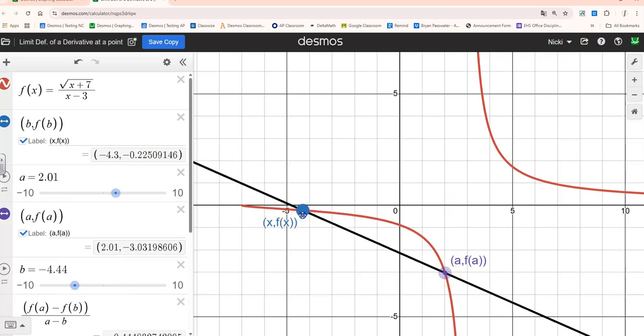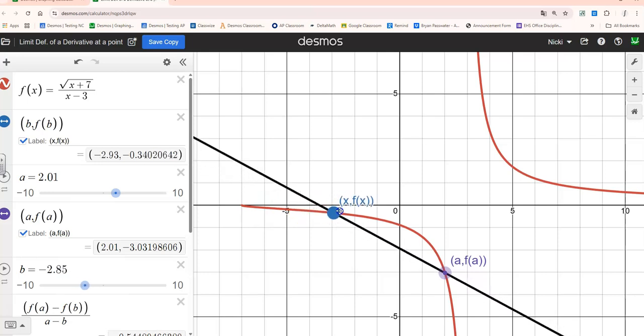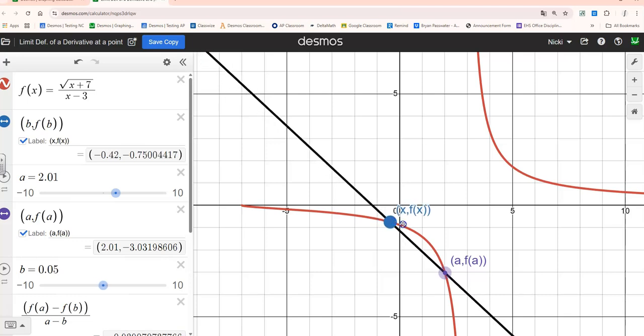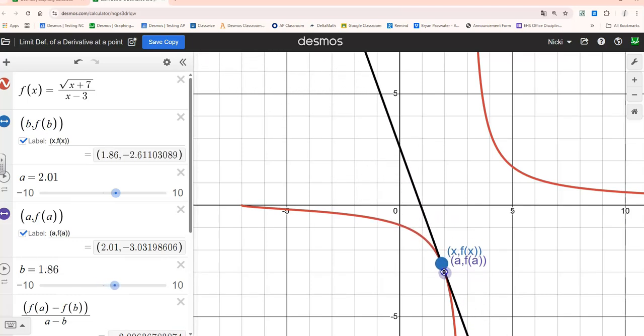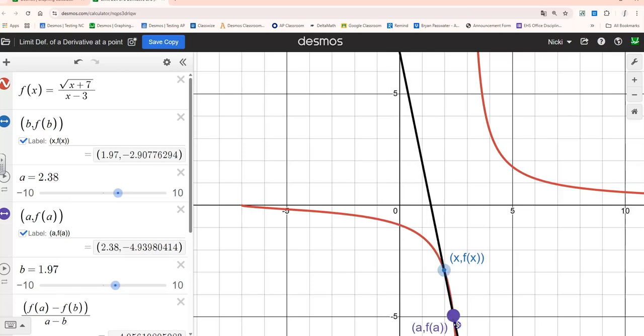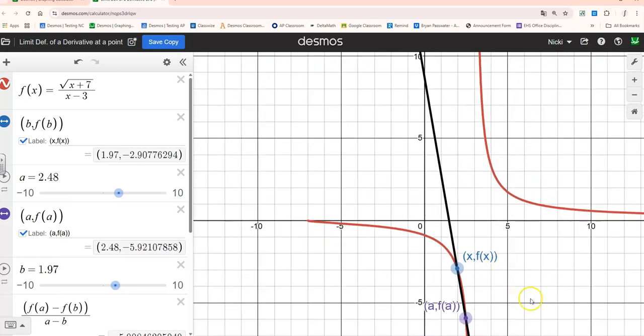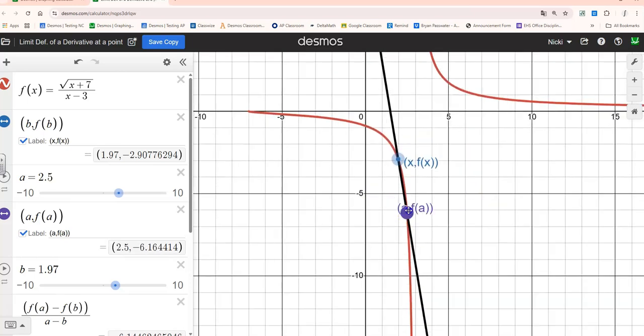So x, doesn't matter where my x is at. As I take my x and move it over here to my a, that line gets closer and closer and closer to being a tangent line, right? Just touching at one single point, right? And it could also come from the other direction, although it's a little harder to see because it's steeper here.